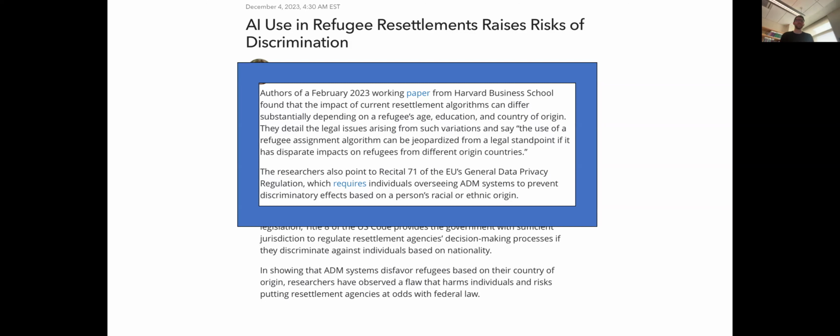So I don't think that one should take too literally the issues we raise when we say that the use of the algorithms may be jeopardized by such fairness issues. That's our understanding of the regulations, but we are not the lawyers.